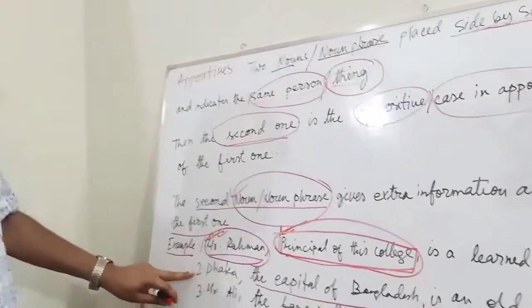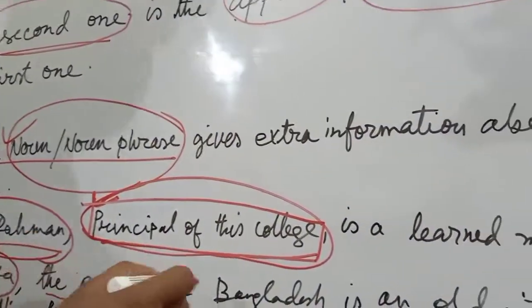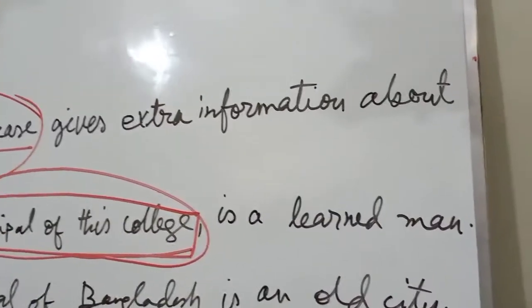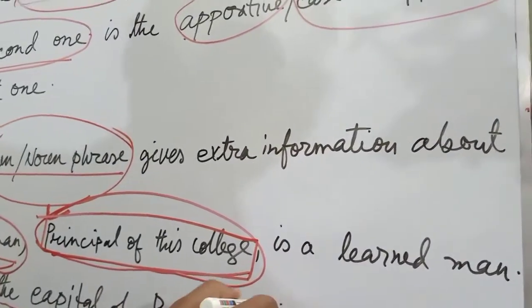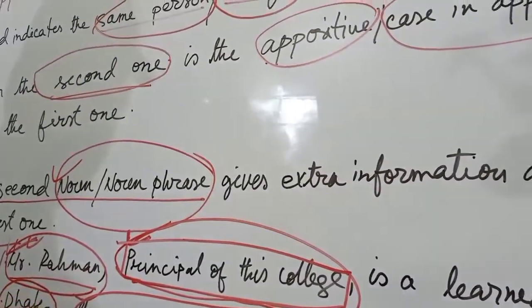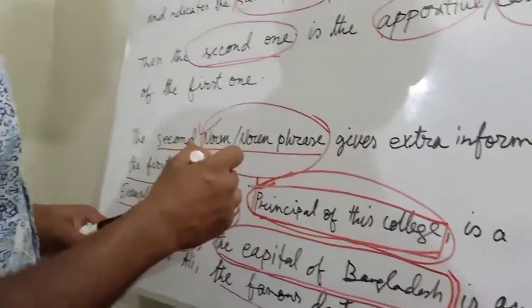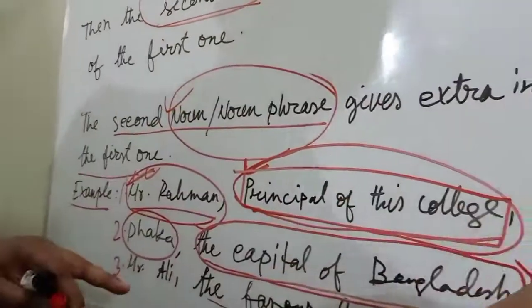In the second example, Dhaka, the capital of Bangladesh, is an old city. Dhaka and the capital of Bangladesh are the same. Dhaka is an old city.